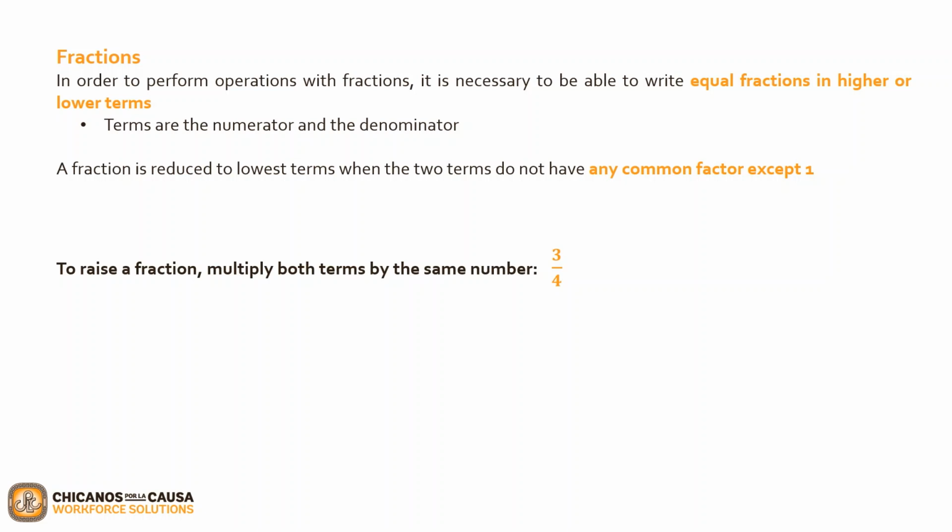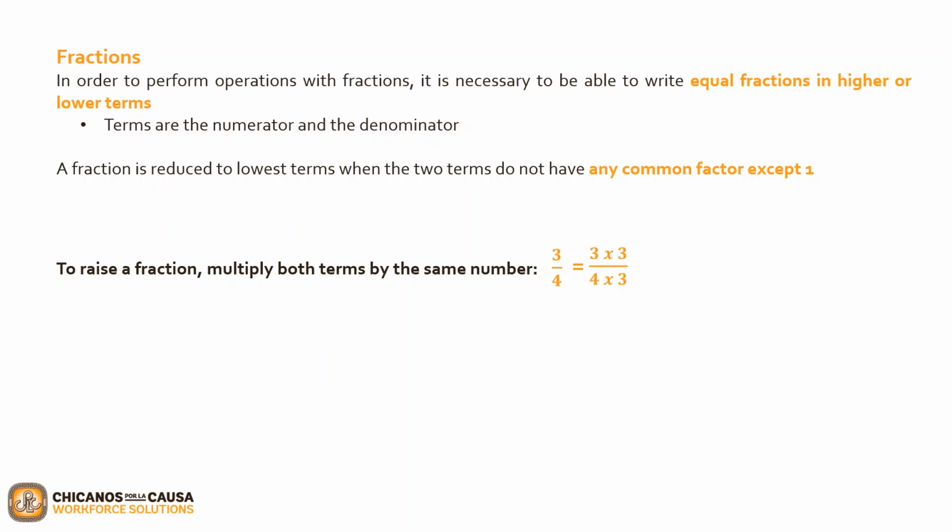So to raise a fraction, we're going to multiply both terms by the same number. So in this case, we can go ahead and multiply both 3 and 4 by 3.